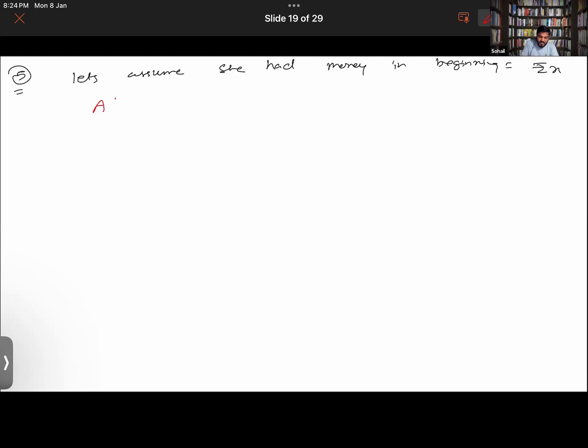According to the question, out of the total money, total money minus spent amount. Total money is X, and the remaining amount is rupees 600. So whatever she had spent would be 75% of the total money.